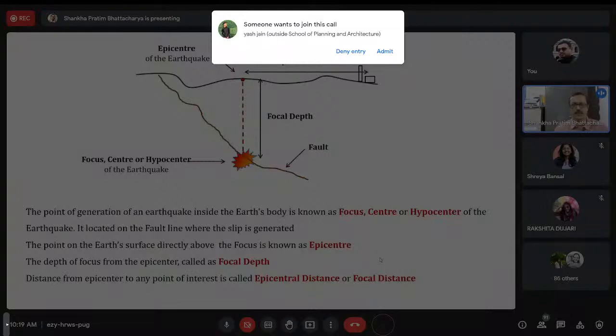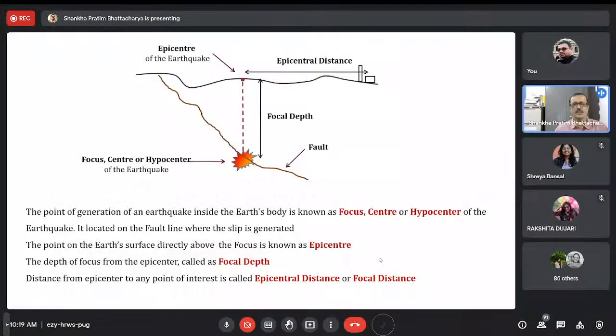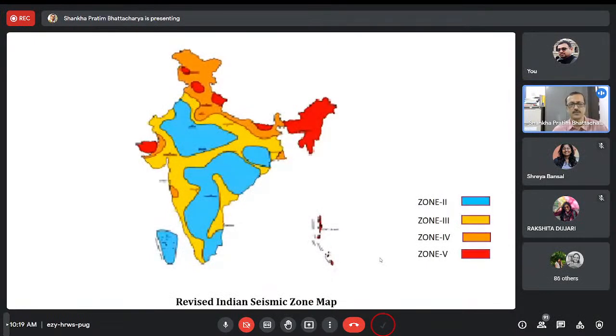From this point of view, if you see the seismic map, every country has its own seismic map, and they collect the data. There are recordings available each and every day. Small earthquakes occur in those plate boundaries which sometimes we may not feel, but instruments can.